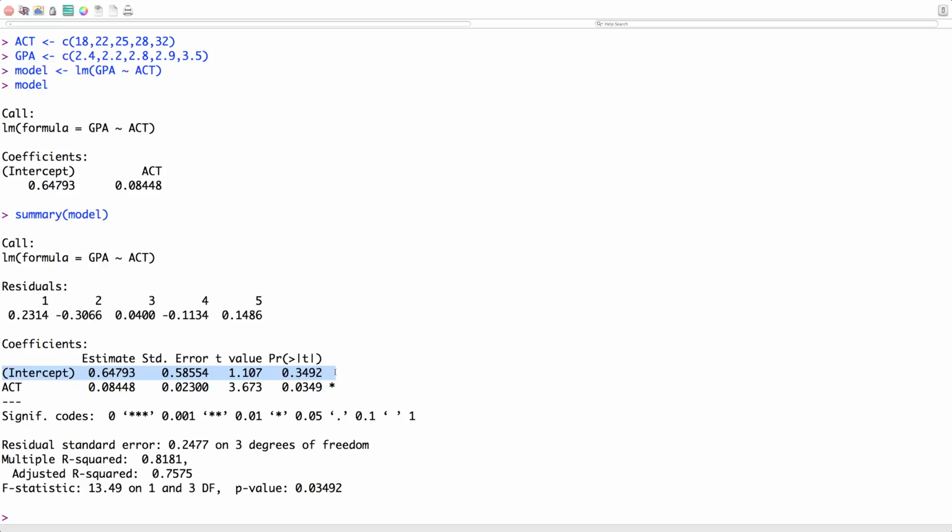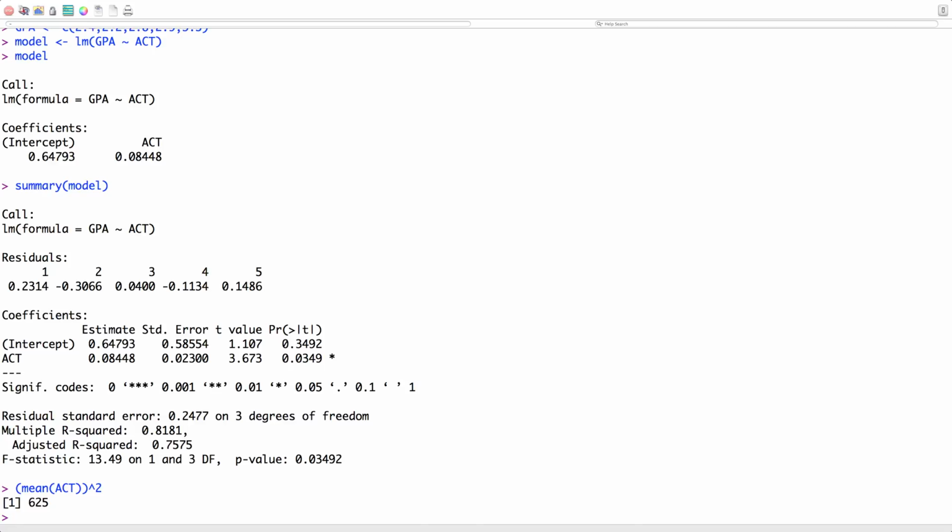We can go ahead now. The next thing I told you we needed was the mean of the x's squared. That would be easy to do, just mean ACT, and quantity squared. And we get 625. And then we want to take each x, subtract the mean, square it up, and then sum.